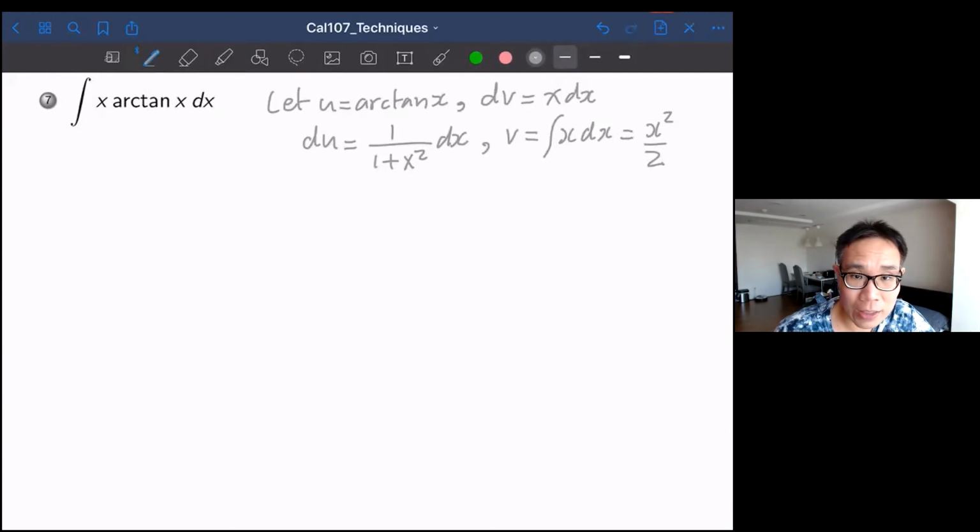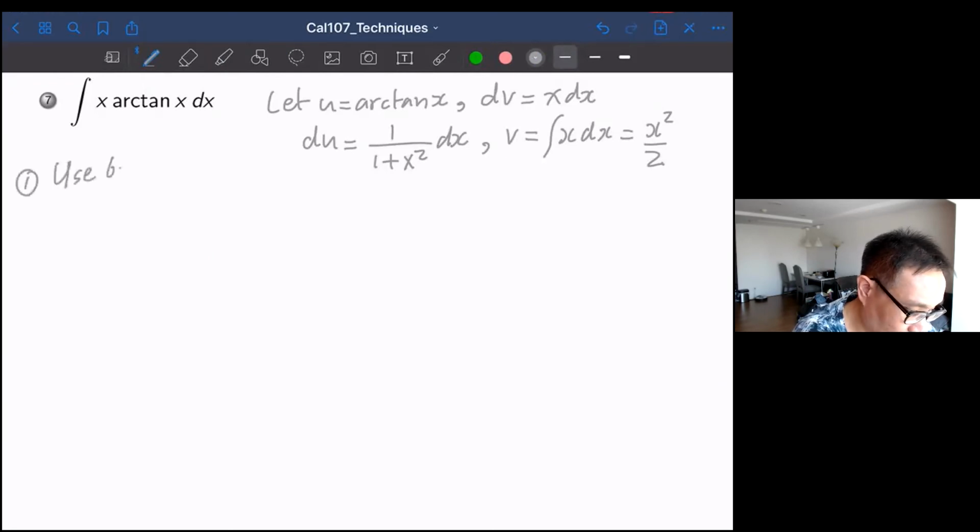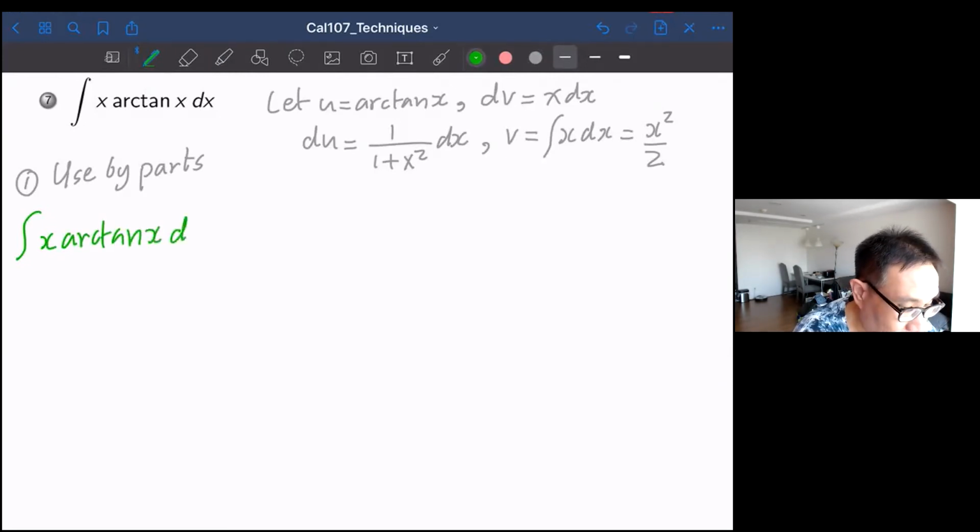I don't use color anymore because this is the seventh example, so we kind of know this one already. So you use integration by parts. You have the integral of x arctan x dx. Let me write this in terms of u dv: arctan x times x dx. This one is u, and this one is dv.